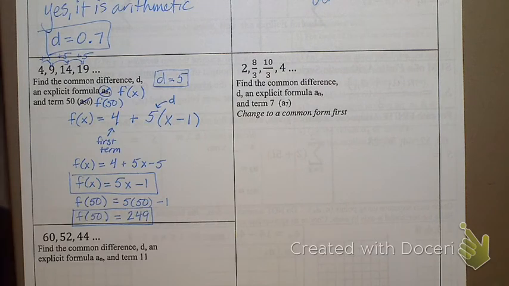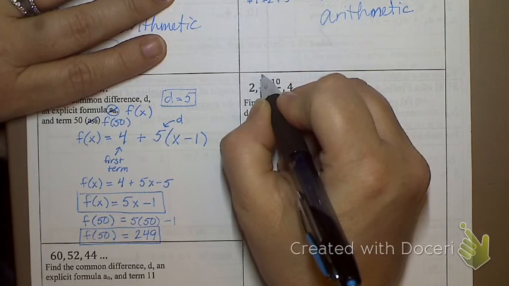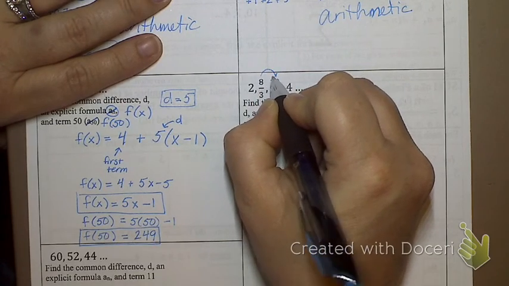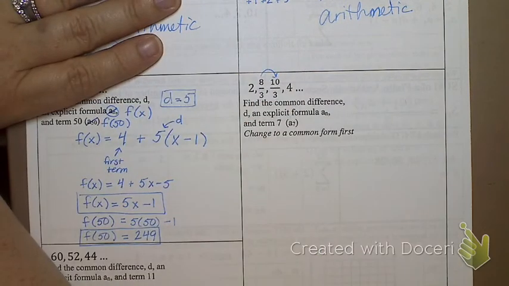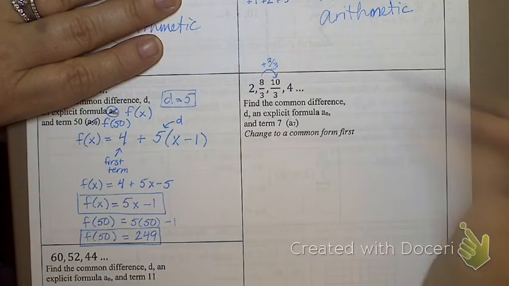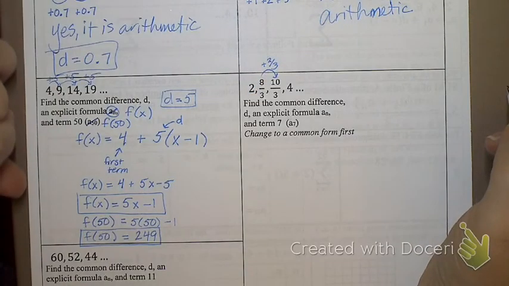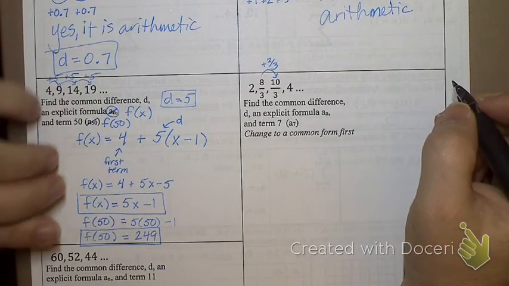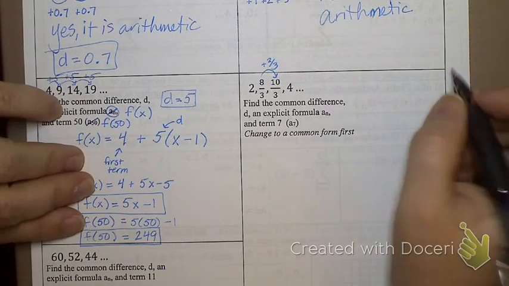Some fractions, some not fractions. First thing I'm going to do is look at the two fractions because I think it's pretty easy to see how you get from 8/3 to 10/3. You add 2/3. So I'm thinking that my common difference is 2/3. How could I verify that?